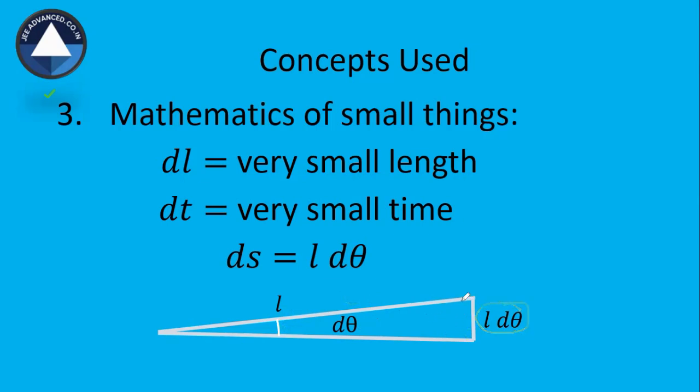Remember, this follows directly from the definition of the angle, that this straight part behaves very similar to an arc of a circle whose center is at the point of intersection and whose radius is equal to L. So this arc length is equal to radius multiplied by angle, and it can be approximated as L d theta.